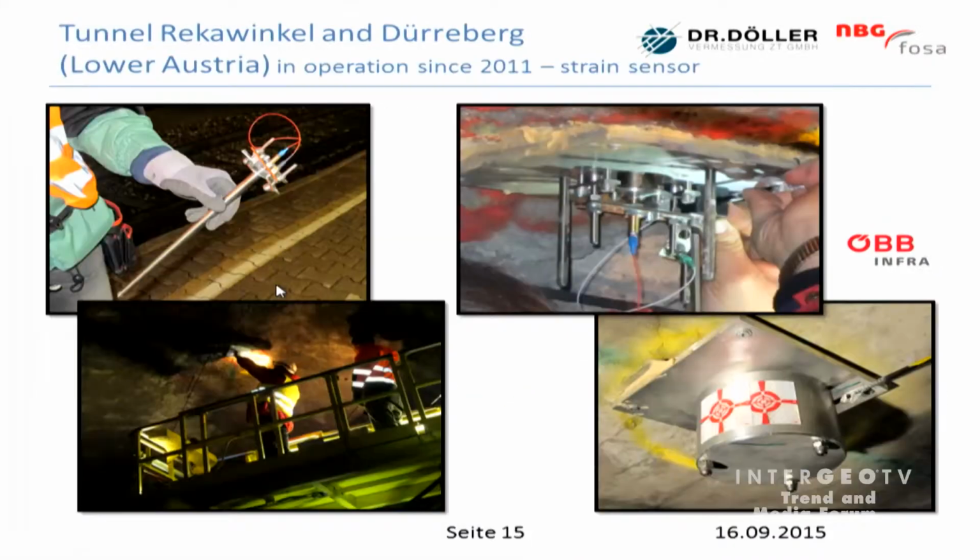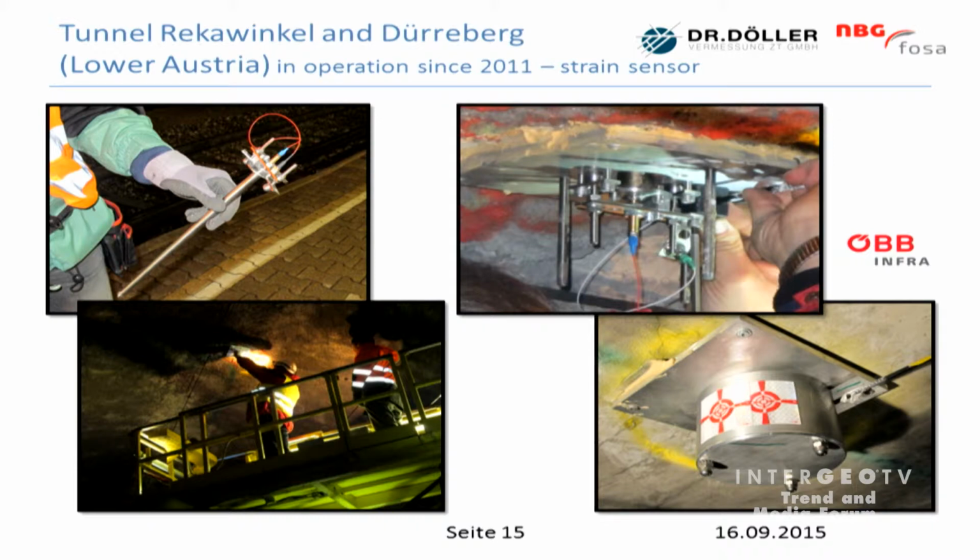The mentioned project in the Tunnel Reckawinkel and Düriberg was a detection of the surrounding of the tunnel. We installed 22 points, like a membrane, and the error level was set to 1 millimeter, and it's an automatic system working since 2012.